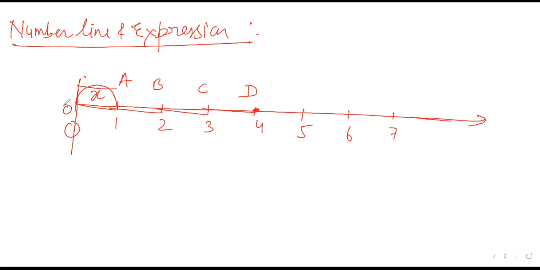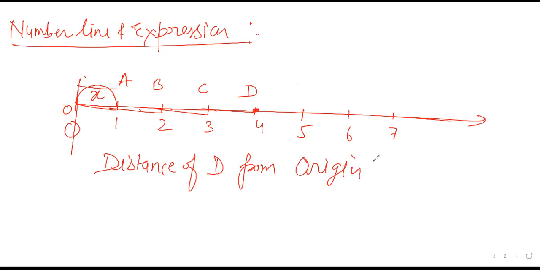O means origin, 0. So the distance of D from the origin is 1, 2, 3, 4, that is simply x plus x plus x plus x, because all are the same.